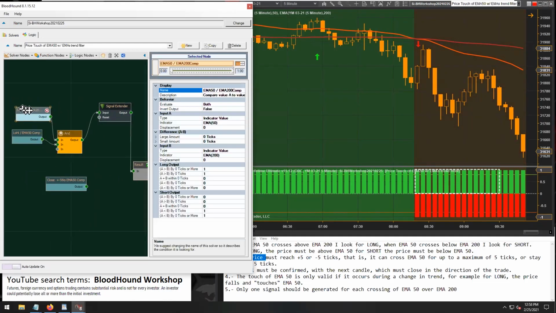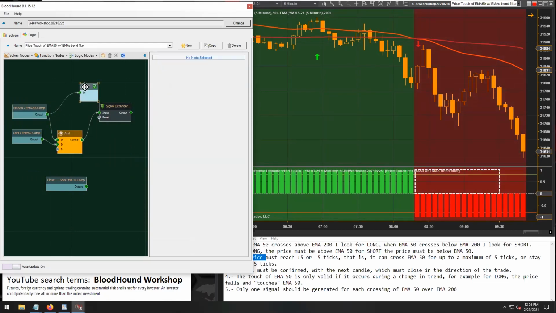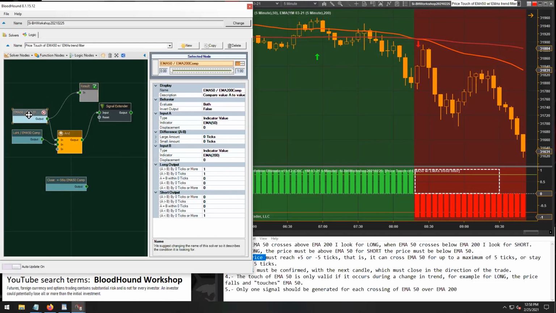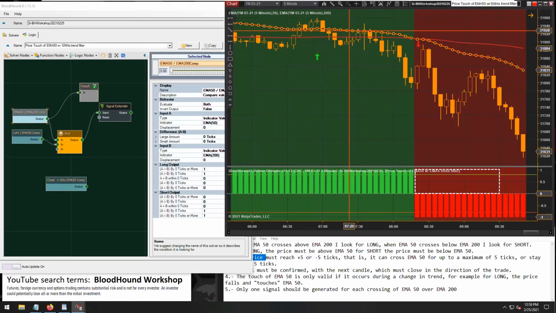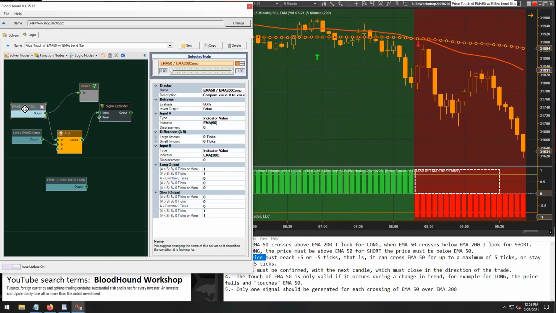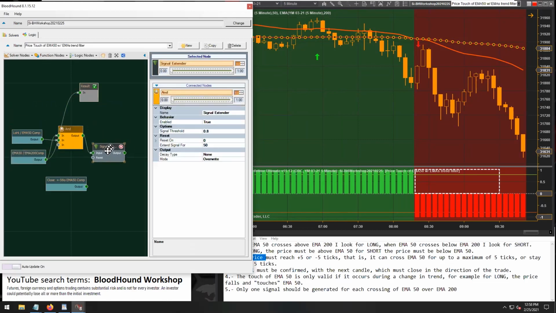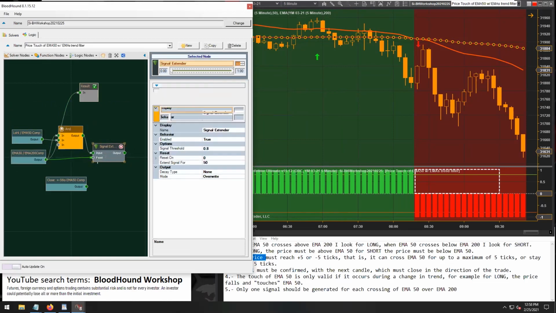I actually need to take the crossover condition there. So remember, this comparison solver is telling us if the 50 is above or below the 200. So I'm actually going to use this, let me pull it down here, to actually reset the signal extender. So this is actually a little better situation here.